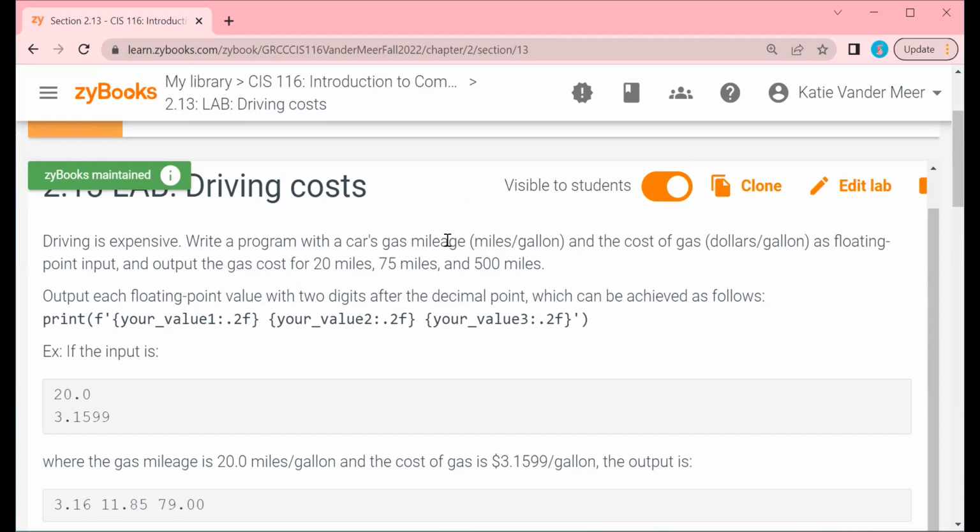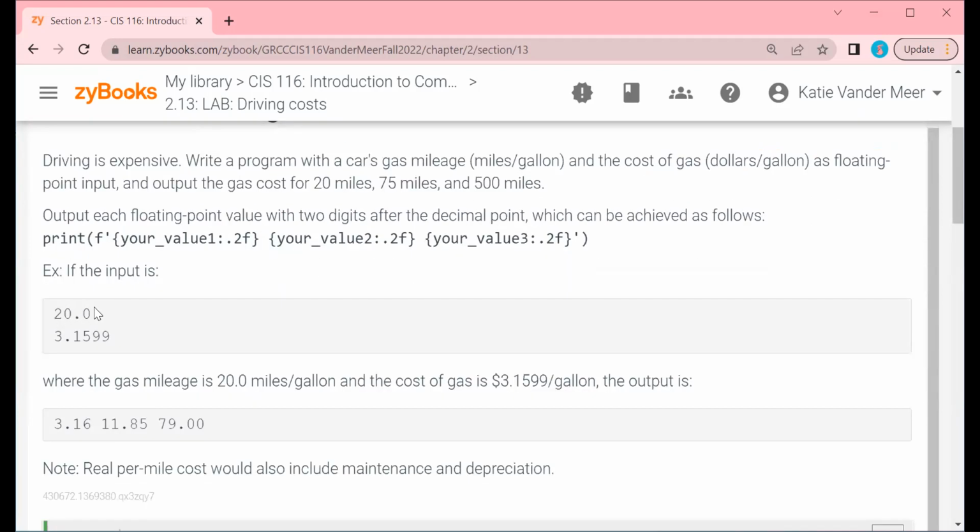So I have two inputs, miles and the cost per gallon of gas, because it says so in the input. For example, if it's 20.0, that's how many miles I'm going, and 3.15 is how much a gallon of gas costs, $3.15.